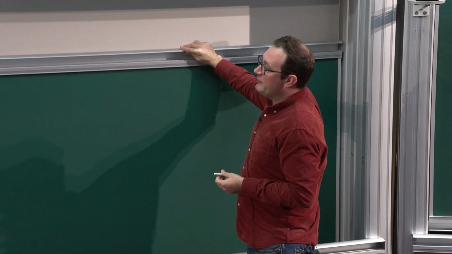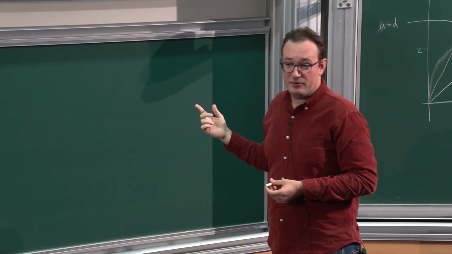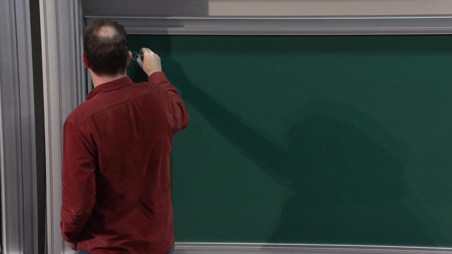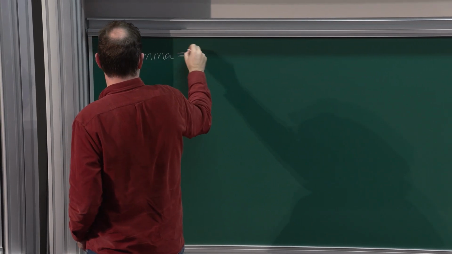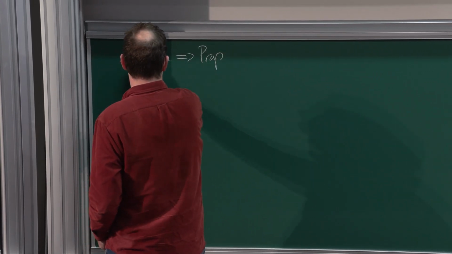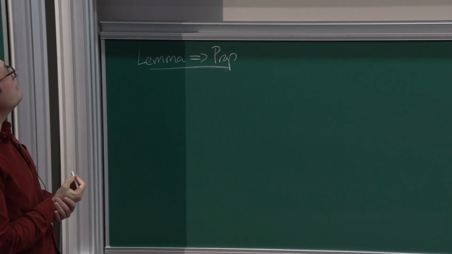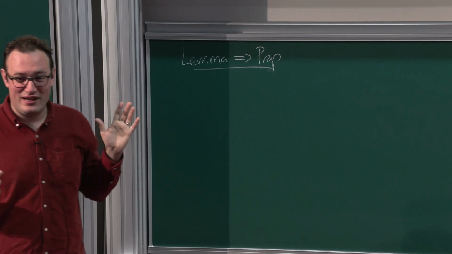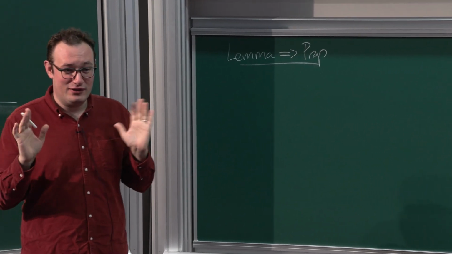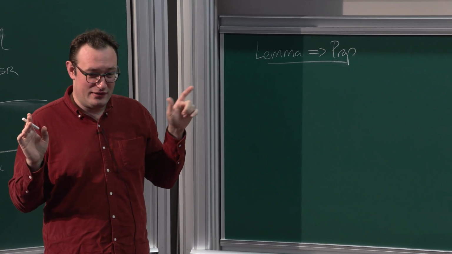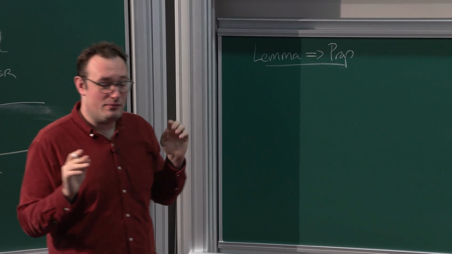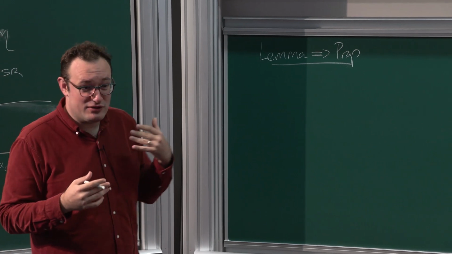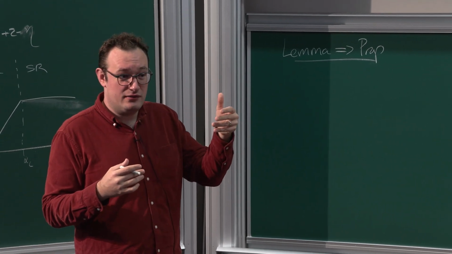Okay, so maybe let me first say why the lemma implies the proposition. Sorry, the proposition is hidden on the other board. It's that at criticality, you have this order L to the d plus alpha over 2n bound on M_n. The point is that it suffices to prove a bound for subcritical beta with a uniform constant, right?